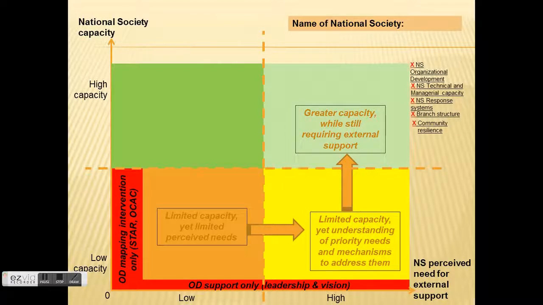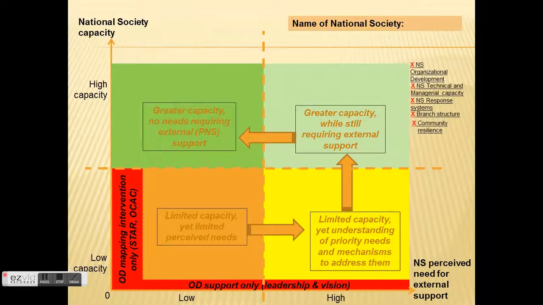So this would still require external resources, though the capacity is there, and the objective is to empower the National Society to act on its self-identified priorities. So this implies a shift in helping the National Society to build its financial and human resource base. So it could be through fundraising, it could be through volunteer management systems. So how do we get the National Society through programs to reach that greater level of capacity?